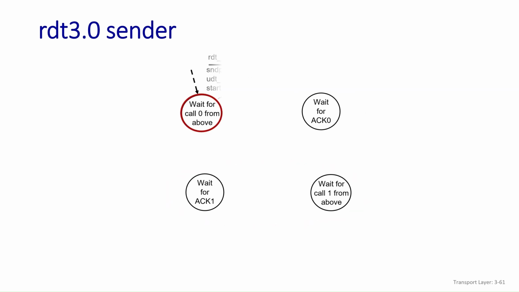Now, when we have the event where we want to send the data, we make a packet. This is the same: it should have a sequence number and checksum also. We send the packet, and we also start a timer. So the addition is on this event, taking another action, where we start a timer at the sender, and then we wait for acknowledgement 0.